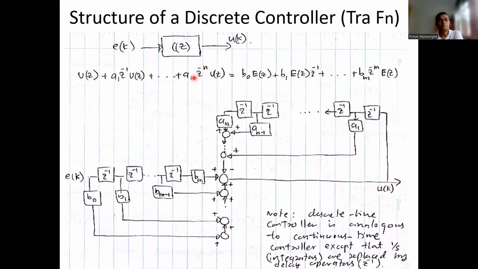So the control signal, which is U(z) or u(k) in time domain, is isolated, and you take all of the other terms to the right-hand side, with negative signs. So you add them together pretty much the same way you did for the error, and then with a negative sign, you combine it with the previous summation and you generate u(k).